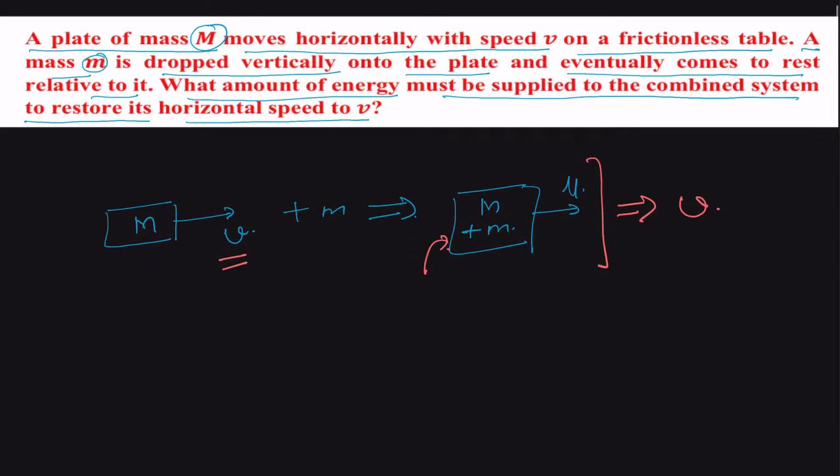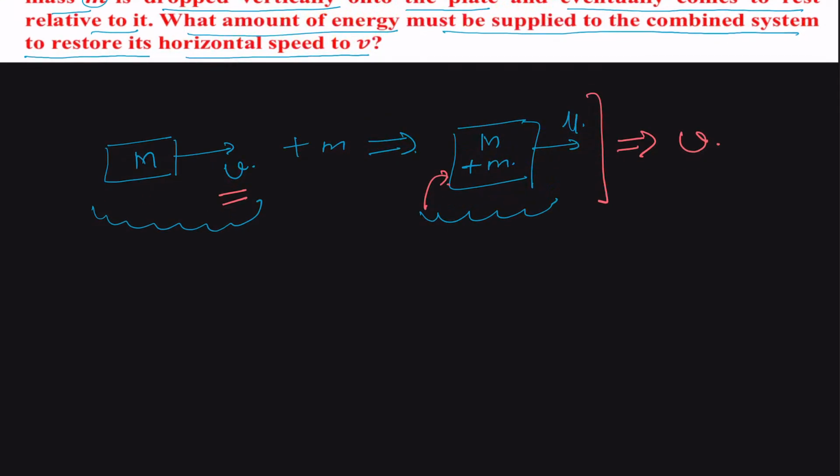So in this case we are going to use the conservation of momentum, and let us start with our initial state. So initial state is only this mass M, and final state is our combination of both.